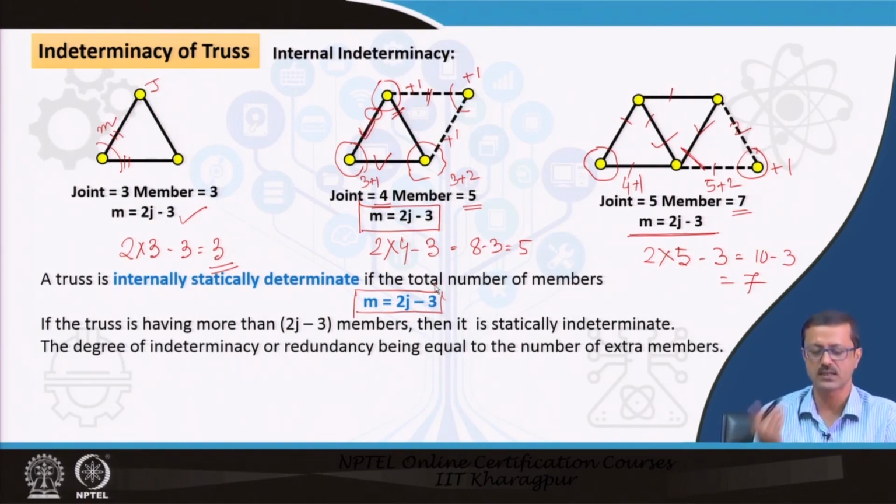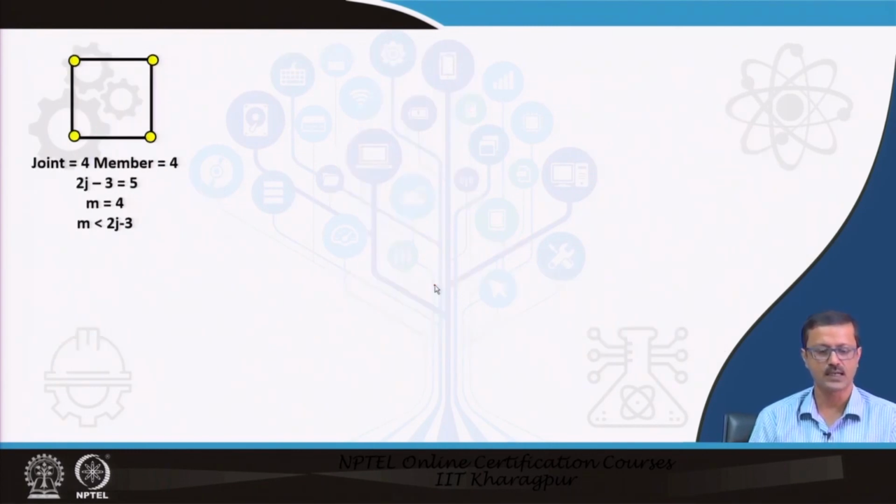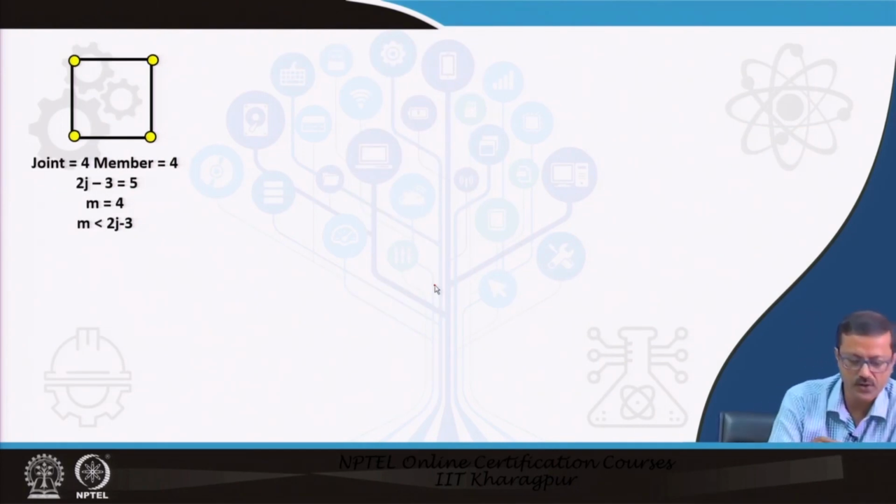We have to now think of some compatibility scenarios also. So, what I have written over here, you see, this is 4 members and 4 joints. So, the joints are 4 and the members are also 4. This equation gives me 2j minus 3 equal to 4 into 2 minus 3, which is equal to 5, but m equal to 4.